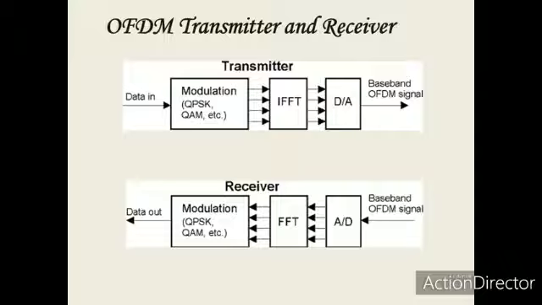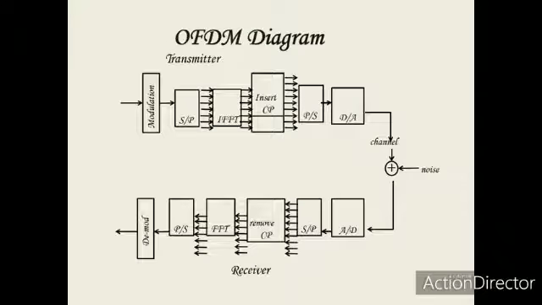Then the baseband signal of the OFDM is produced and transmitted. The transmitted signal is received by the receiver, which converts the analog data into digital data, and then the Fourier transform is taken, demodulation is done, and the data is decrypted from the encrypted transmission. This is the basic diagram for the transmitter and receiver of OFDM.